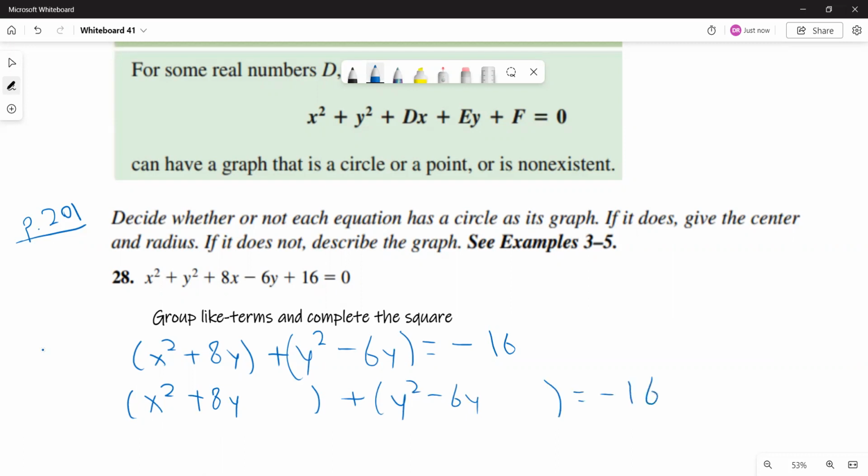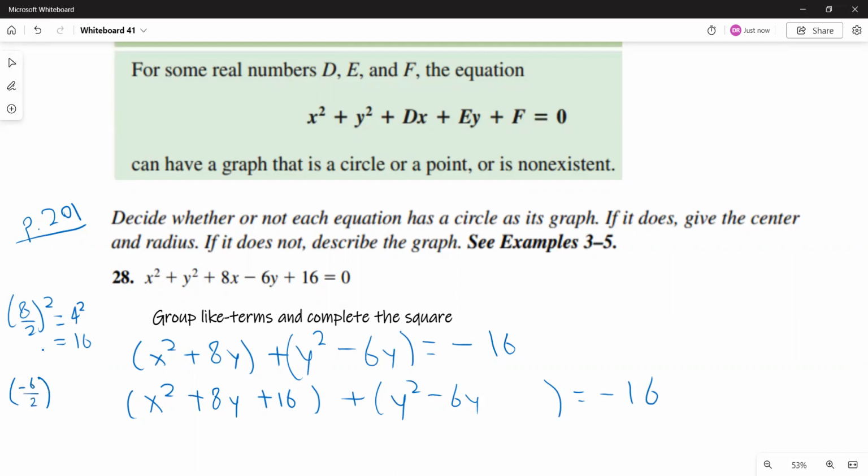Complete the square of the first group. That is, we're going to divide 8 by 2 and square it. That's 16. And we're going to divide negative 6 by 2, and square it.